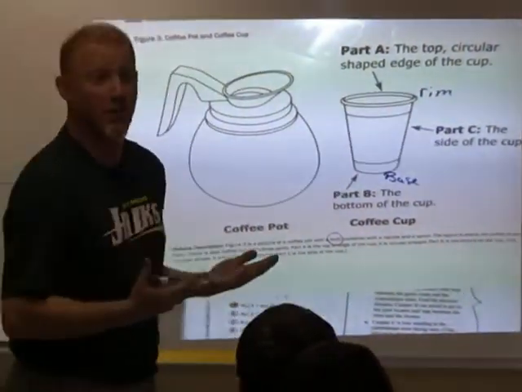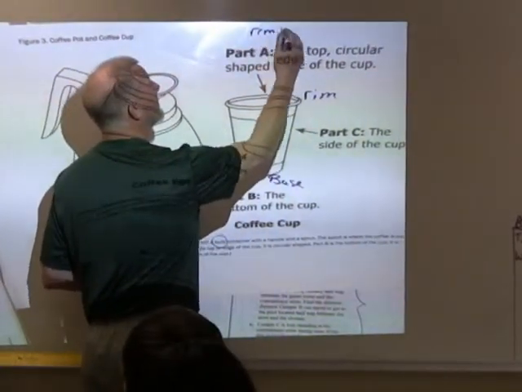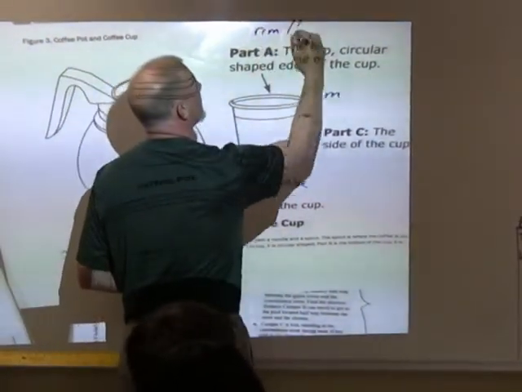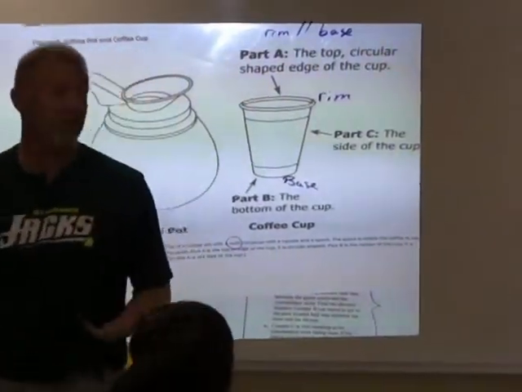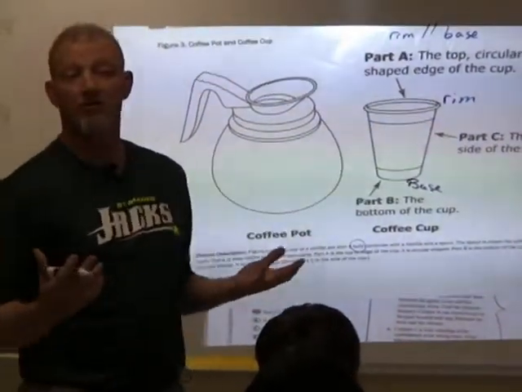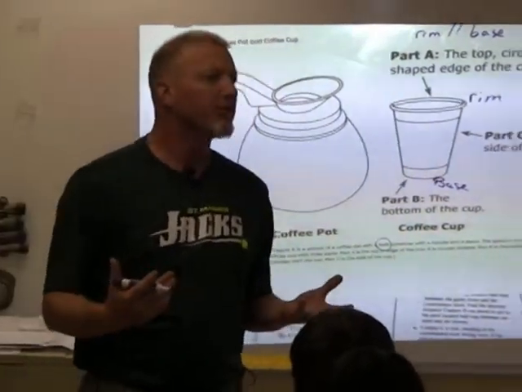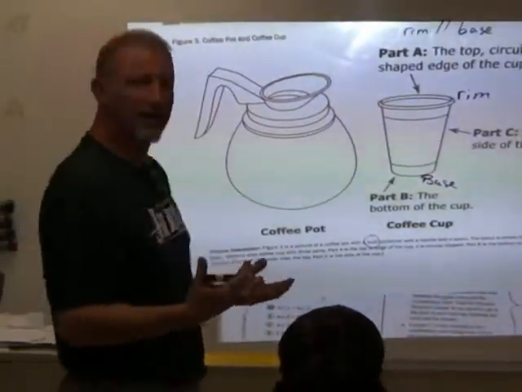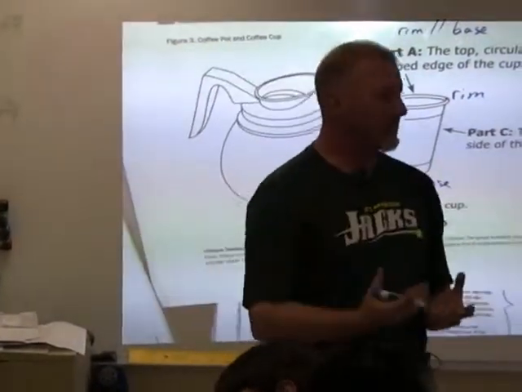They're parallel. The rim's parallel to the base. Size-wise, what's bigger? Probably the rim's going to be bigger than the base. More than likely, if it's a standard coffee cup, the rim's bigger than the base.